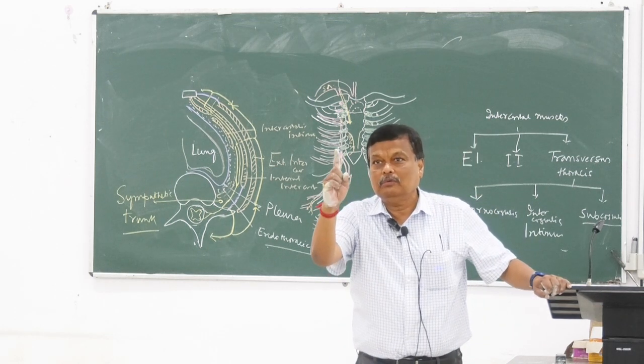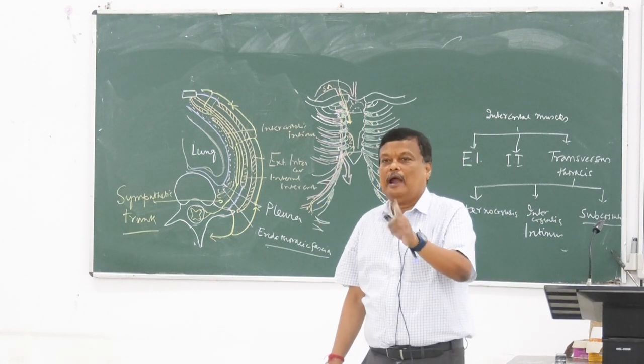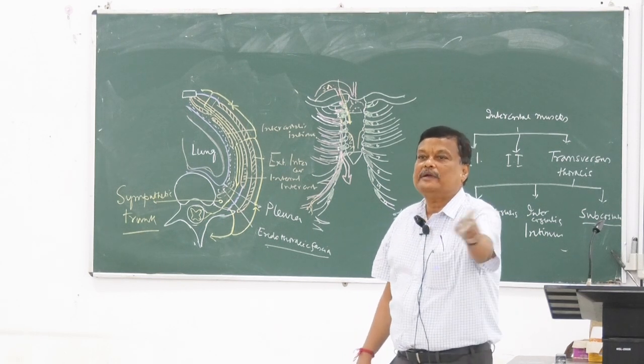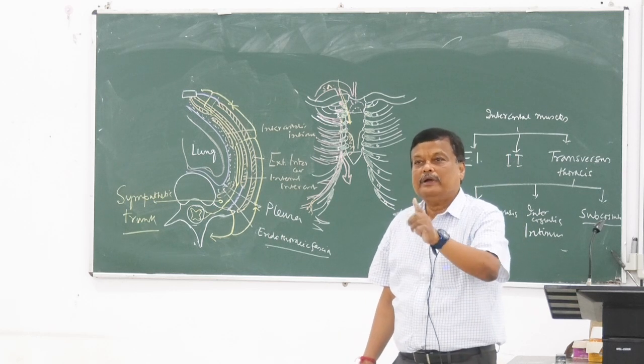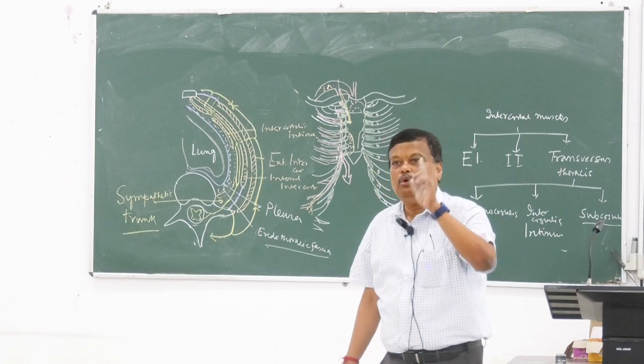That is one point. Two: in the first intercostal nerve, there is no lateral cutaneous and no collateral branch. Lateral and collateral branches must be there in a typical one.